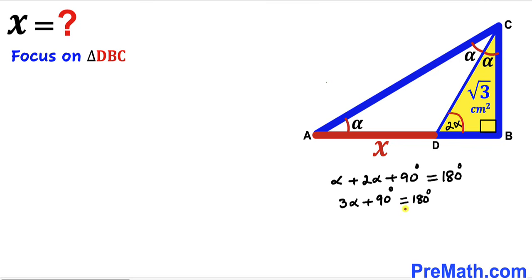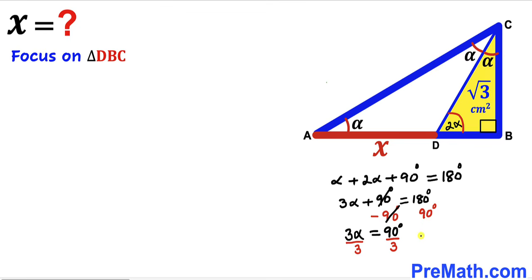And now I'm going to subtract 90 degrees from both sides. And here we can see this 90 degrees and negative 90 degrees are gone. So 3 times alpha is going to be equal to 90 degrees. And now I'm going to divide both sides by 3 to isolate alpha.